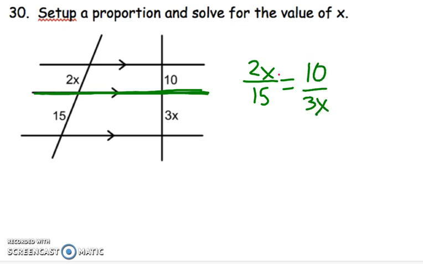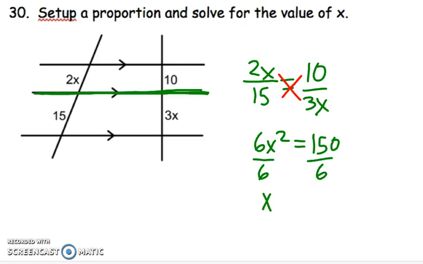Now let's go ahead and cross multiply, and we're going to end up having 2x times 3x is going to be 6x squared equals 150, the 15 times 10. Divide both sides by 6, and your x squared is going to equal 25.